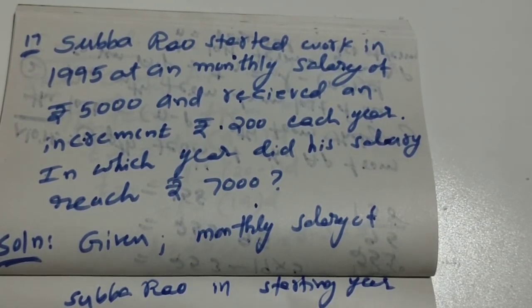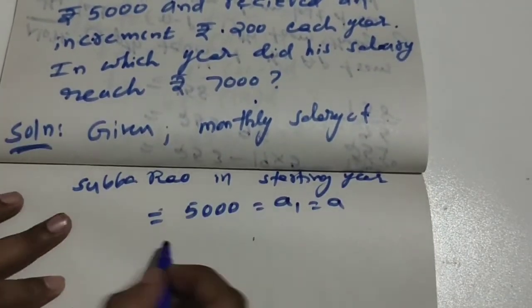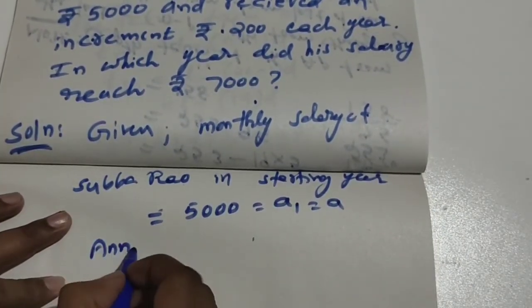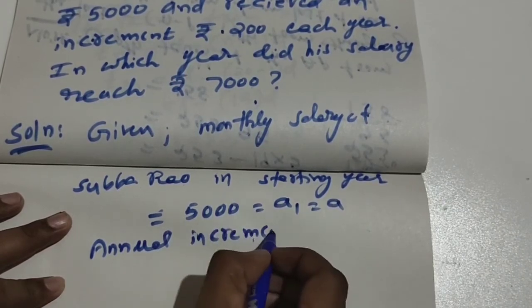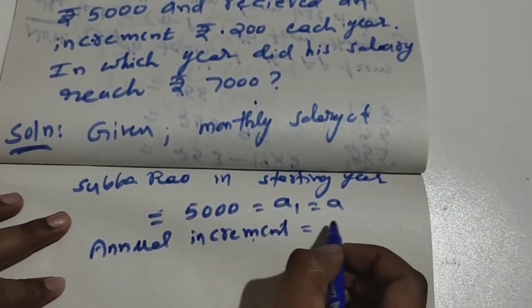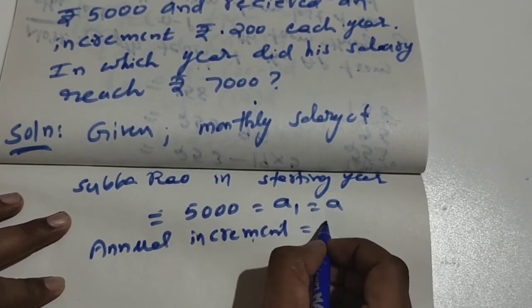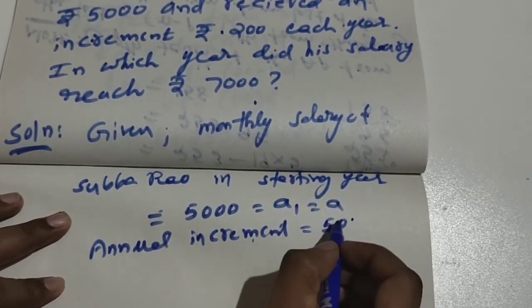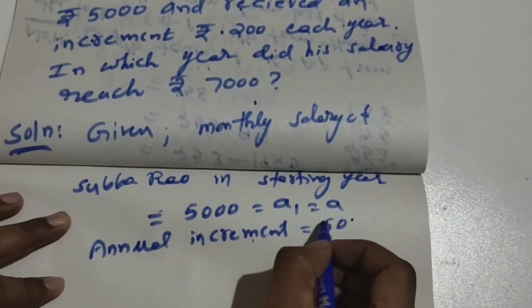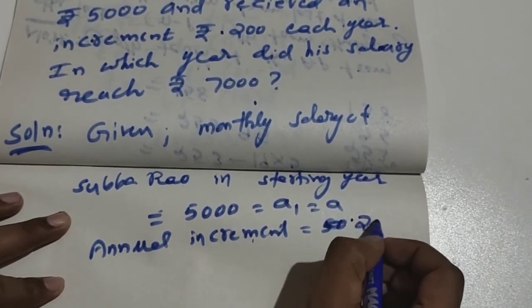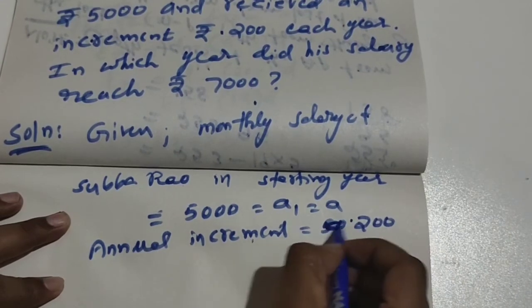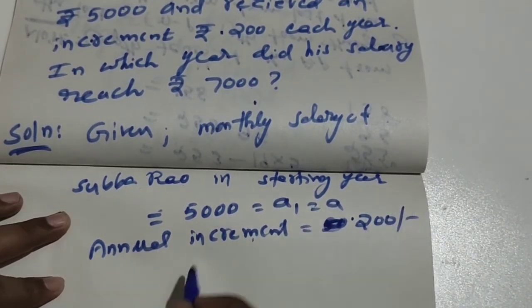That is, we can take it as a term A1, that is simply A. And that annual increment is every year, every company, you know already, every year gradually they are increased that amount, salary amount. So here his increment is 200 rupees.